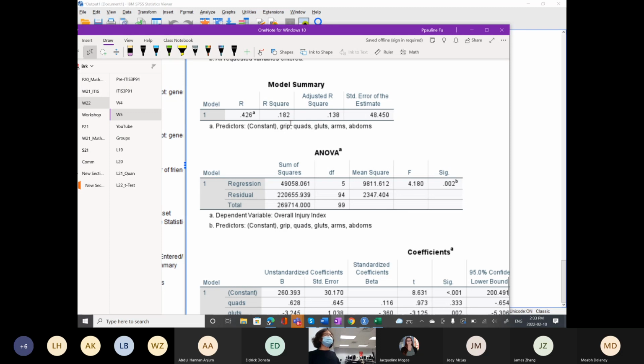It means 18.2% of the variance in injury is due to the combination of body strengths. Remember, we have 5 independent variables. So 18.2% of the changes in Y can be explained by the combined X1 to X5.